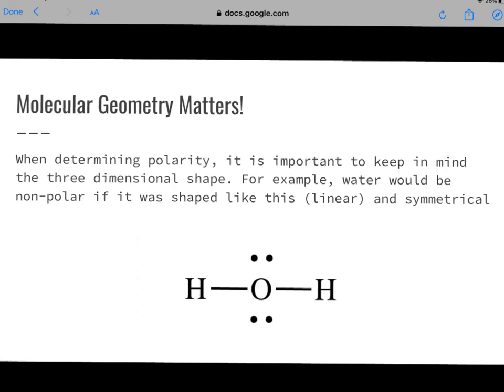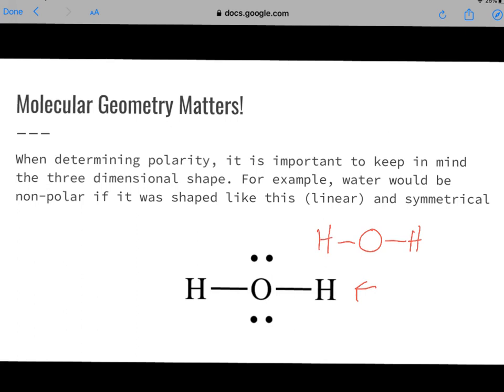Now, there's a reason we did this after we learned about shape. The shape of the molecule does matter in determining its polarity. Like if you look at this Lewis dot structure, this is water again. If water was a straight line like this, we would say that this was a nonpolar molecule.